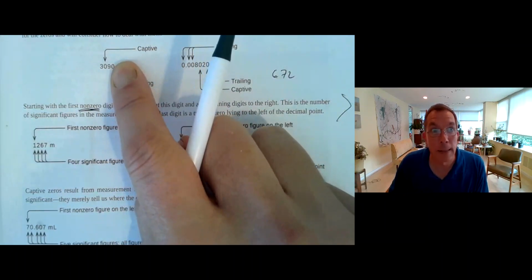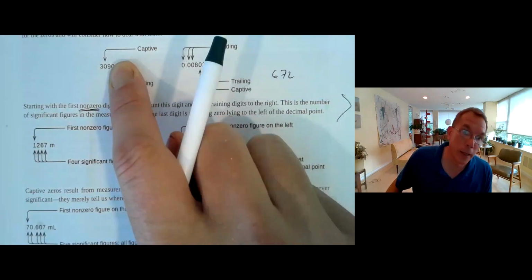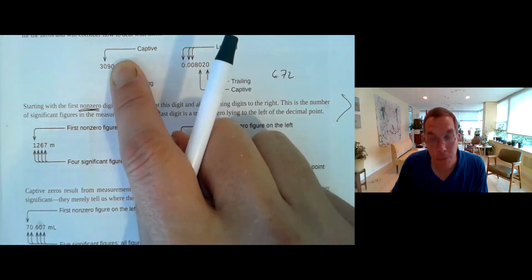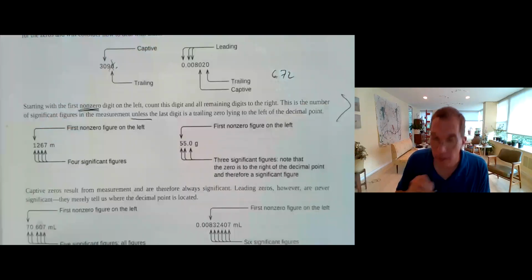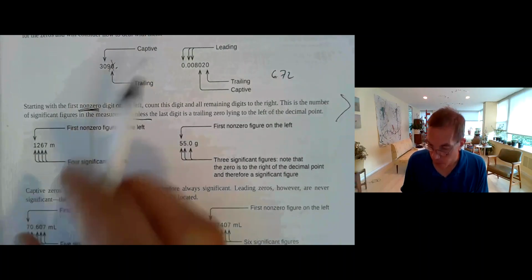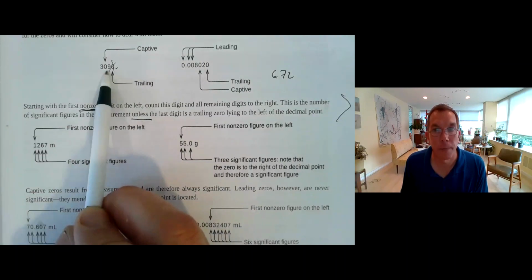But now we have this rule, unless that zero is a trailing zero to the left of the decimal point. So this zero counts as that exception, and it does not get counted as a significant figure. So how many sig figs do we have then? We'd have 3, not 4.